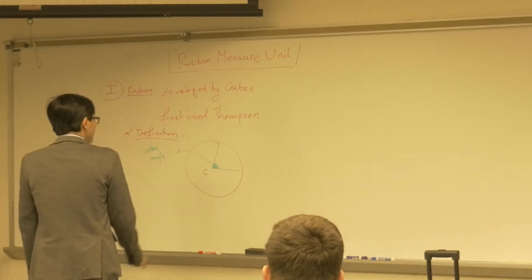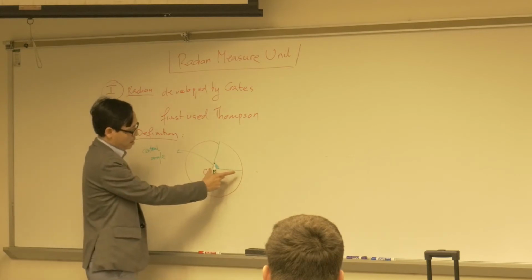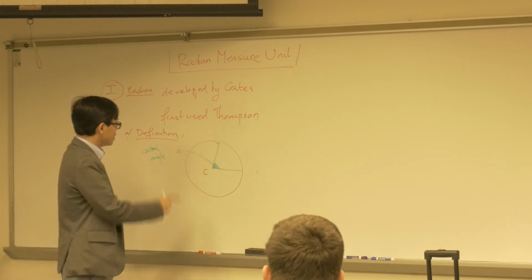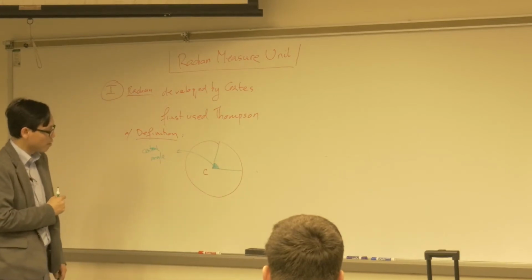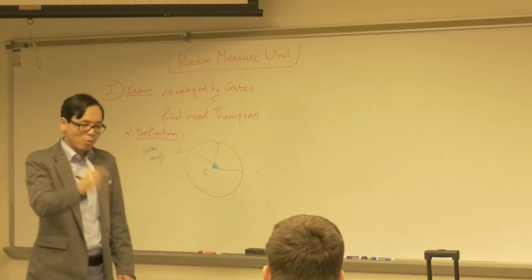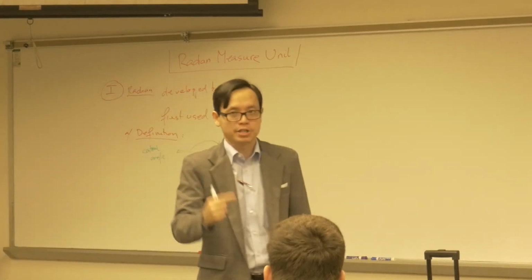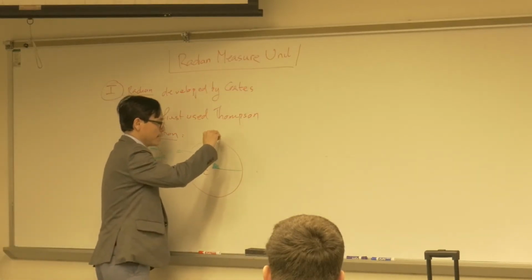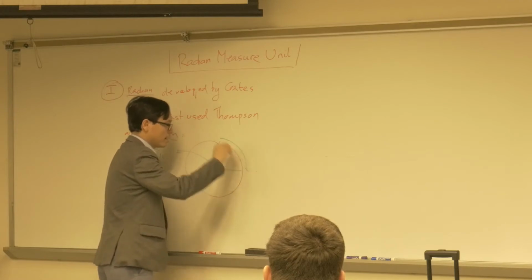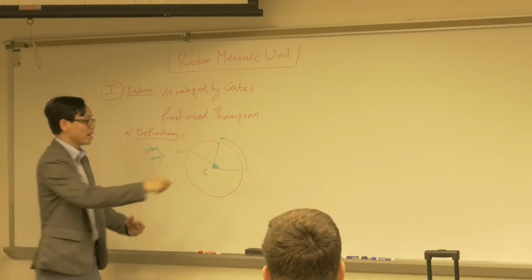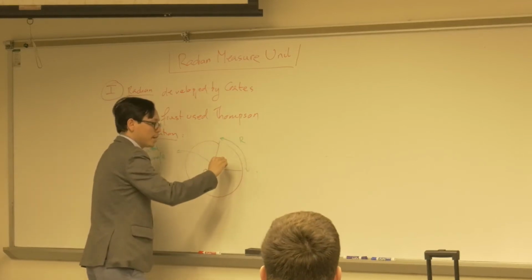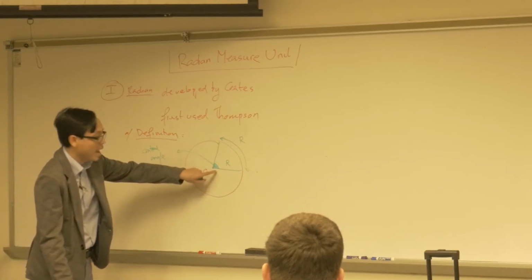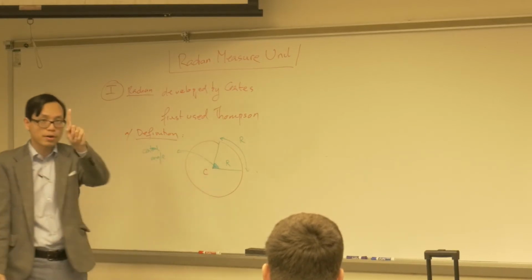And every time the arc subtended by the central angle has a length equal to r, where r is the radius, then the measure of the angle is 1 radian.